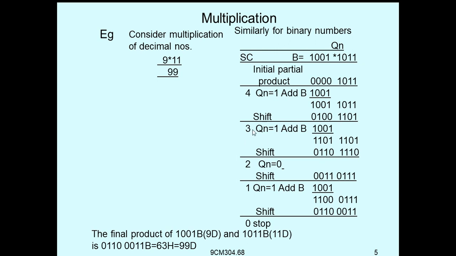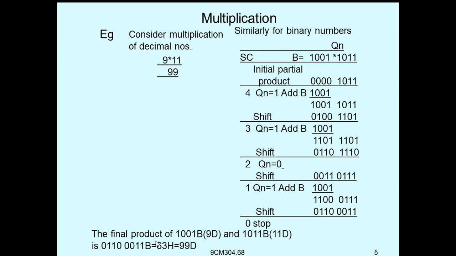If it is 0, then we simply shift the EA register towards the right. We perform this operation until SC is set to 0. Once SC is 0, we stop our operations.